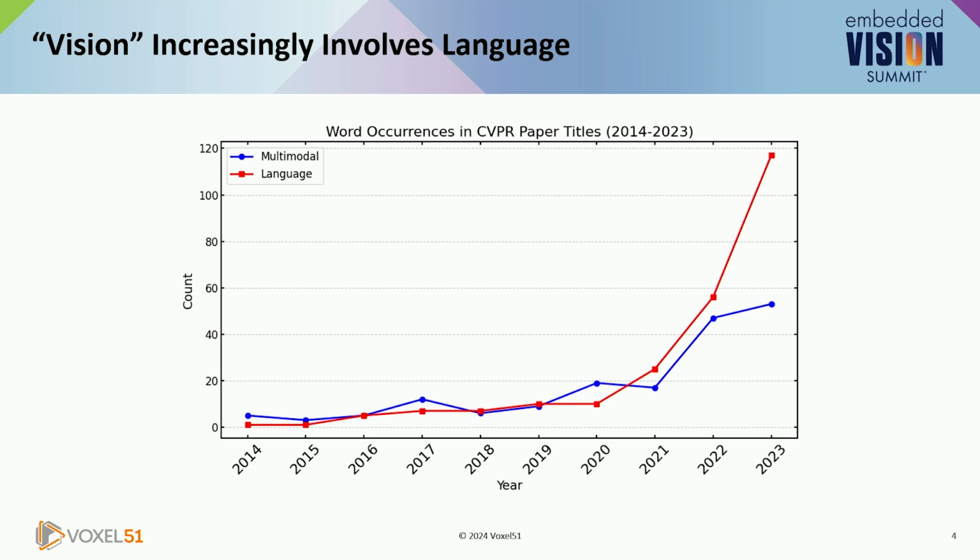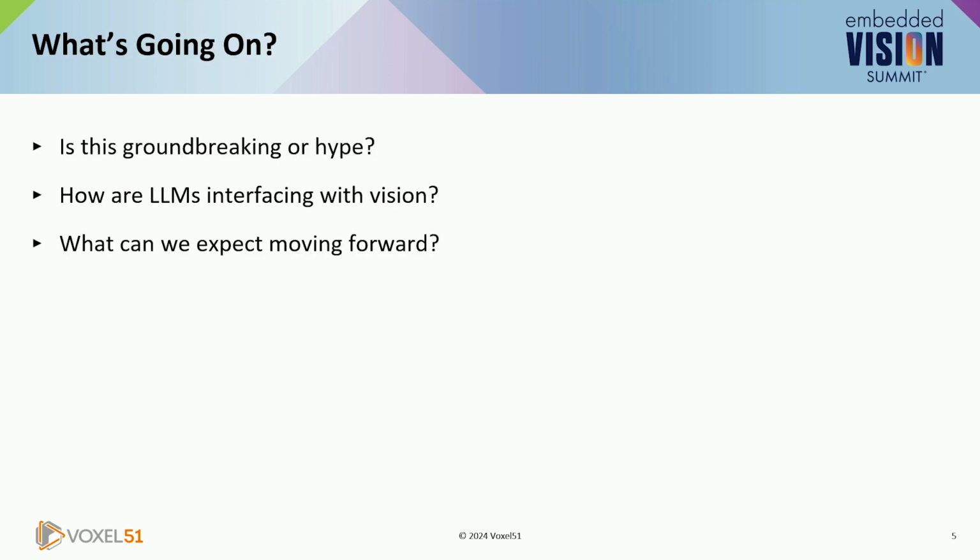And language disproportionately has skyrocketed, even when you account for the number of papers increasing over time. So this is something that has kind of bled into the way we think about vision itself, the connection between language and vision.